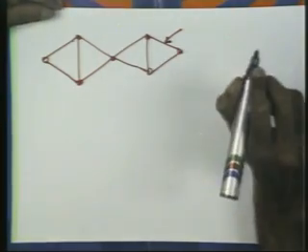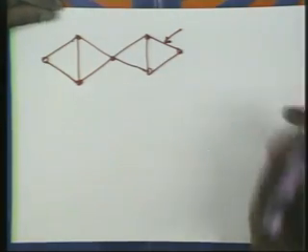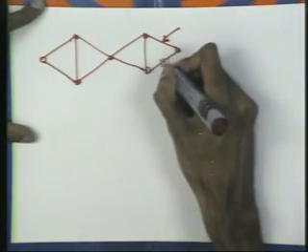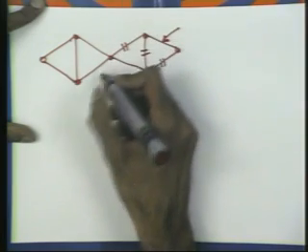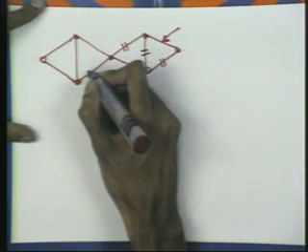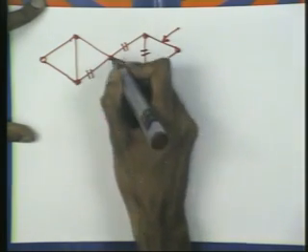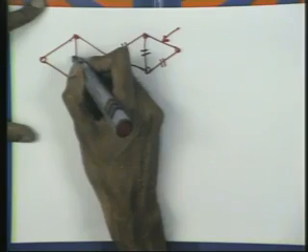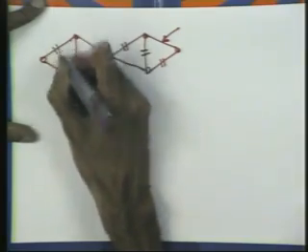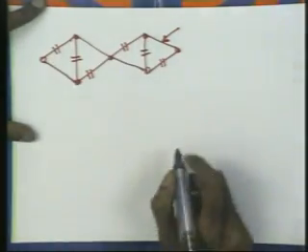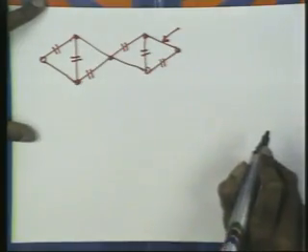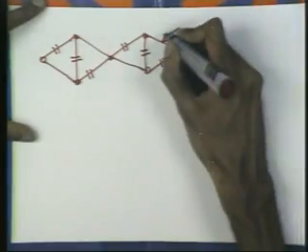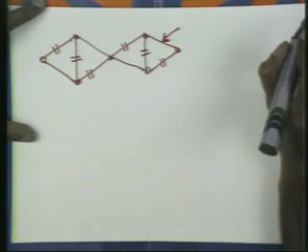Supposing I remove this edge, does there exist a Hamiltonian path? Well, the answer is yes. Choose this edge, that edge, this edge. You come down this way, then choose this edge, go down this way, choose this edge and that edge. There are other ways of doing this. So you go up and down like this, and you can see this is a Hamiltonian path. So removal of this edge causes no problem.